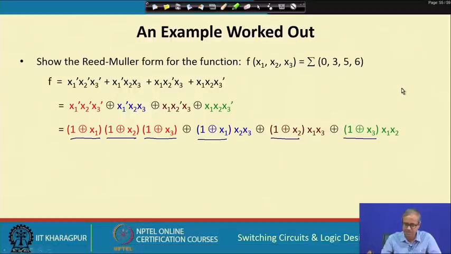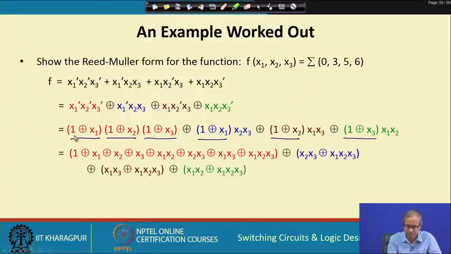The first red term gets like this, the second blue term becomes like this, x 2 x 3 XOR x 1 x 2 x 3. The green term and the brown term become this, x 1 x 3 and x 1 x 2 x 3, and the last term becomes x 1 x 2 and x 1 x 2 x 3.